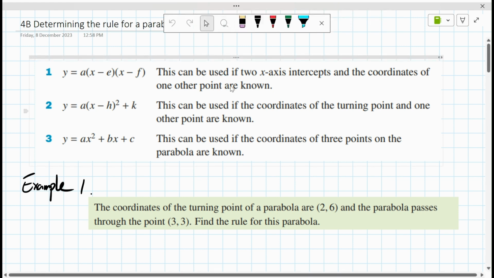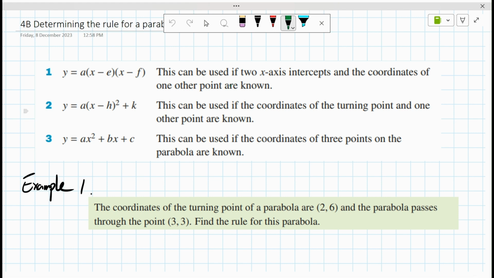So first thing, we're gonna know the three different ways of writing a parabola. The first one will be using x-intercept form. So when x equals e or x equals f, y equals 0. That's called intercept form.